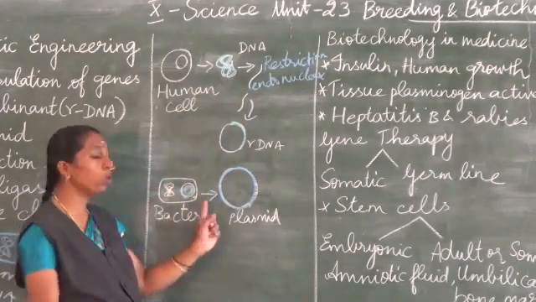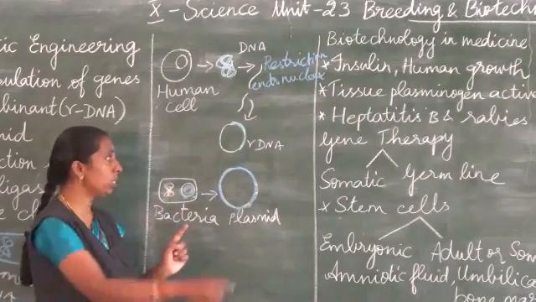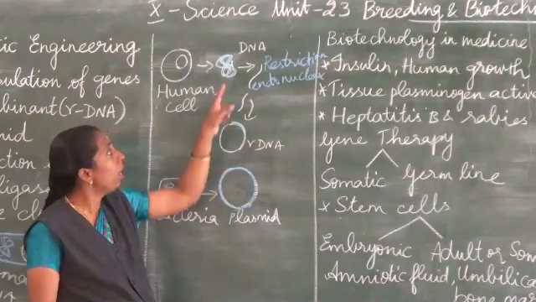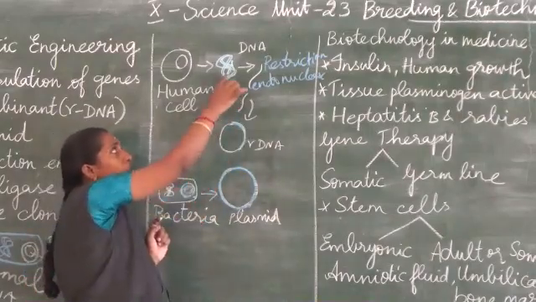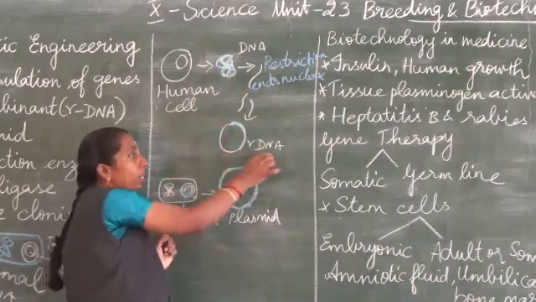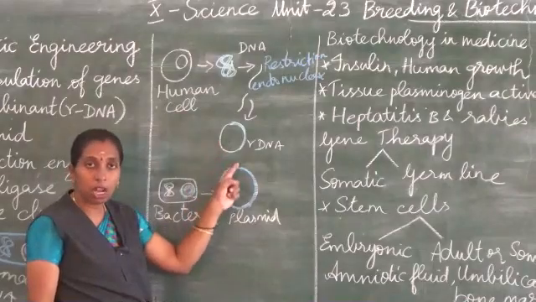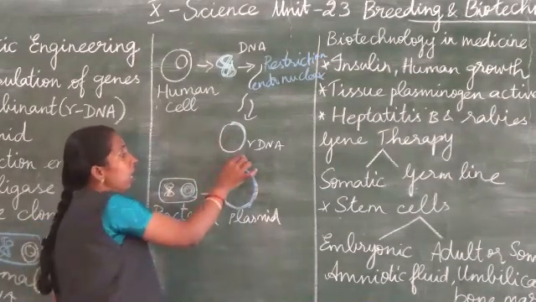Here also, using the same enzyme, restriction endonuclease, we can cut the plasmid, and this DNA will be incorporated. When this DNA is incorporated, that is called recombinant DNA technology, and the plasmid acts as a vehicle.